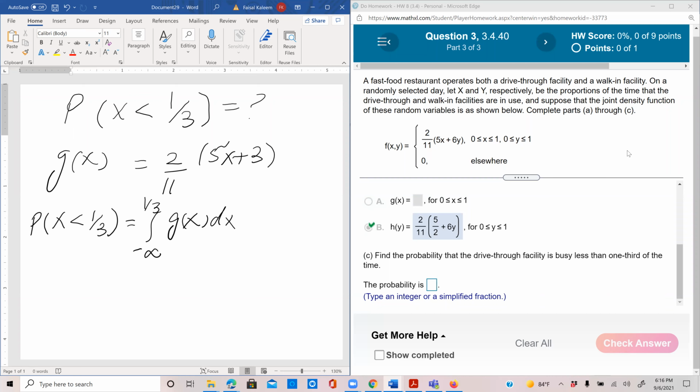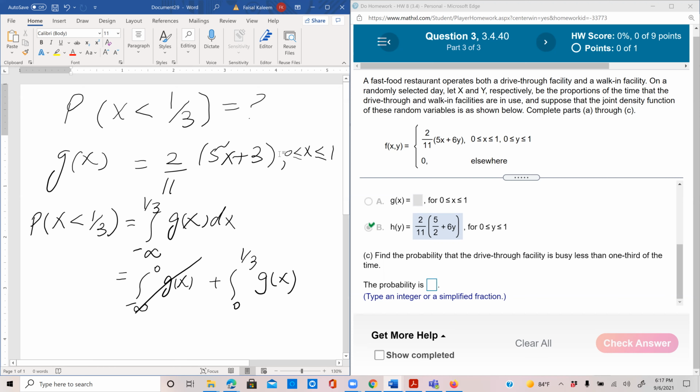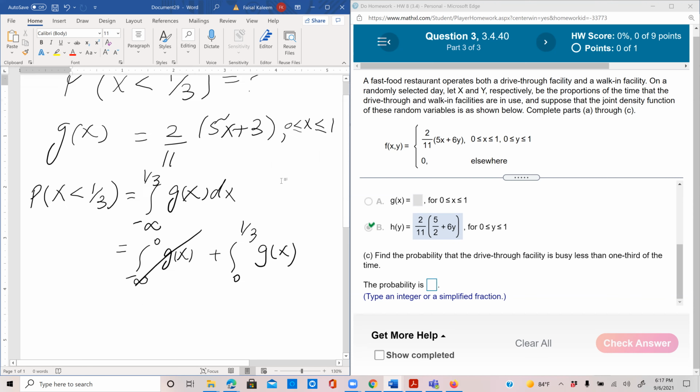But this g of x was applicable only for x between 0 and 1. Otherwise, it's 0. So we would break this up into the integral from negative infinity to 0 of g of x, plus the integral from 0 to 1/3 of g of x. This part is 0, because the function is non-zero only from 0 to 1.